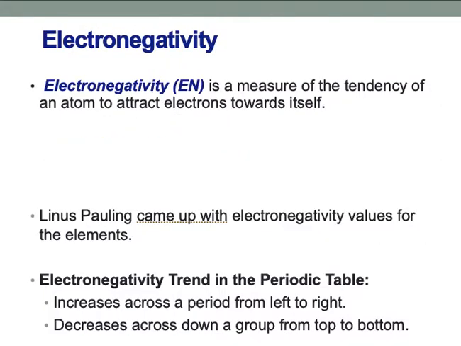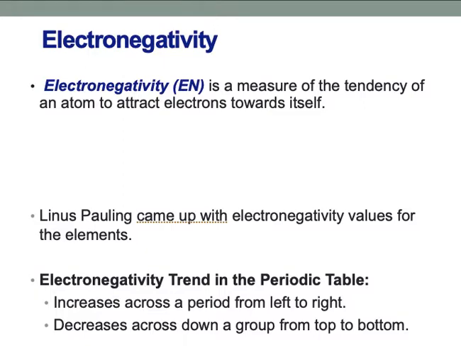So, electronegativities we studied last chapter, and it is the measure of the tendency of an atom to attract electrons towards itself within a bond. Linus Pauling came up with this scale, and he experimentally determined all of the values. And the electronegativity trend on the periodic table is it increases across a period from left to right.